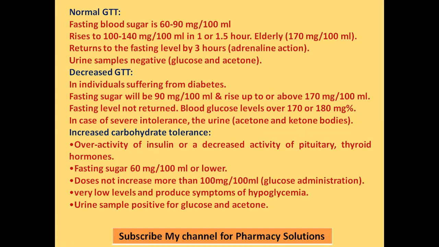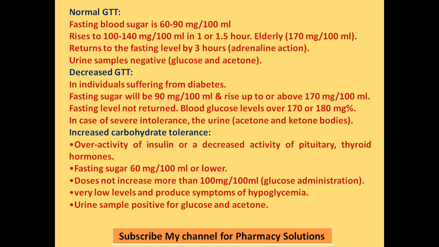Whenever there is an increase, insulin will bring it down, and other hormones, pituitary or thyroid hormones, will raise it, so that there is a balance between insulin and counter hormones.